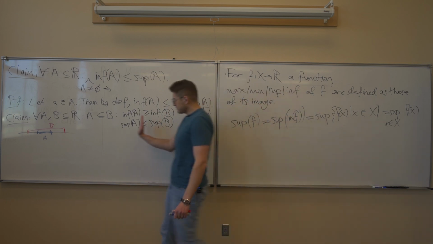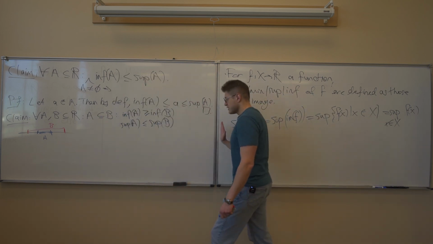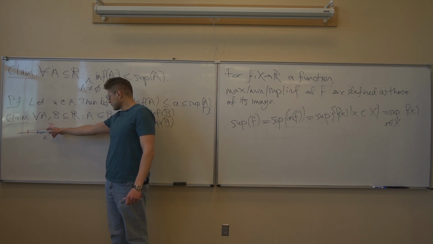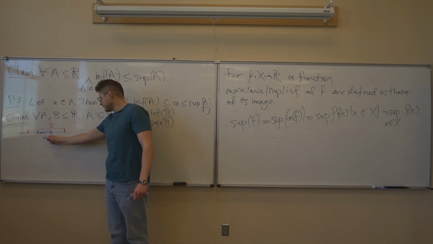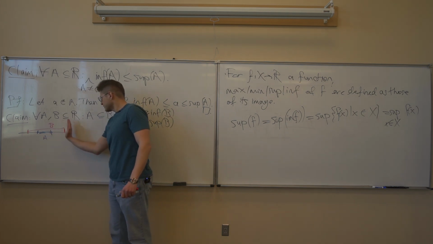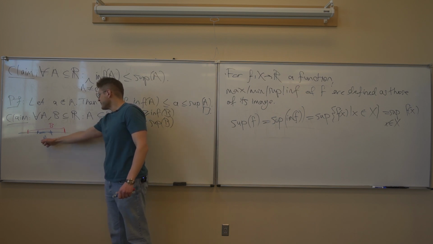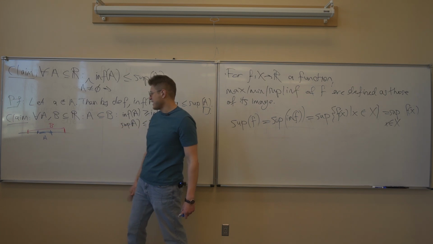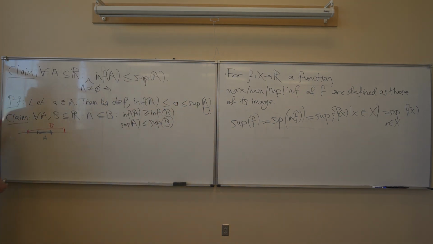As I'm pushing it from positive infinity, I have to hit B first, but certainly I cannot be hitting A before I hit B. I'm going to be clamping B before I clamp A. B is larger. The same idea holds for the infimum. I'm going to first clamp B and then clamp A. Does this make sense? Okay, so that's the claim.